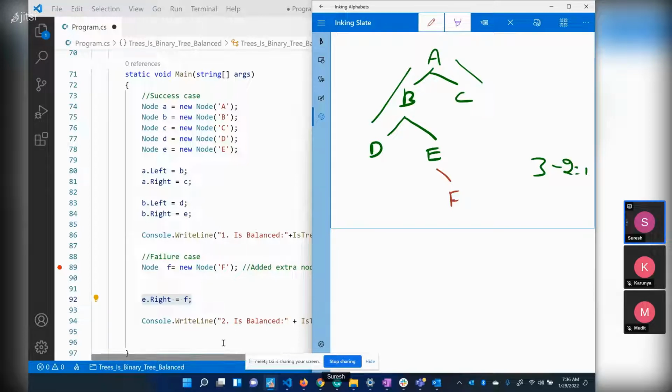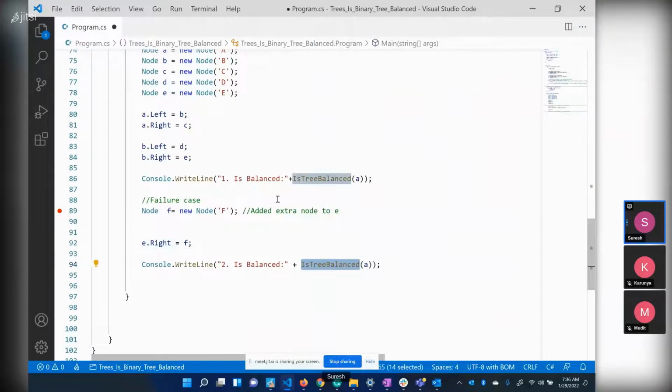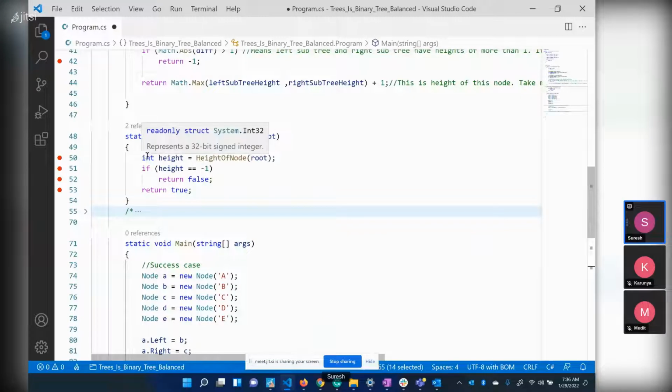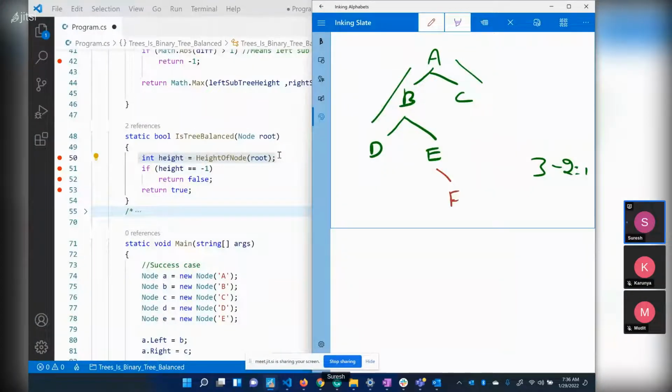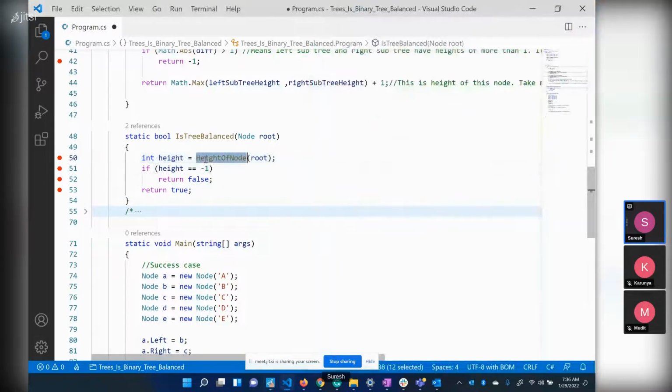Now if you calculate the height of the root, what is the height of this whole tree? If you start from A, what is the maximum height? Four, the height of the tree is four. Technically, if you call this method, it has to return 4.